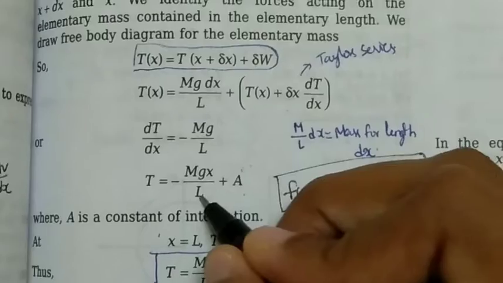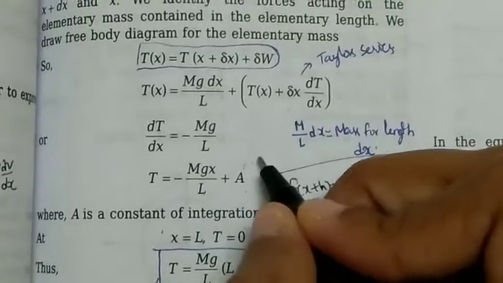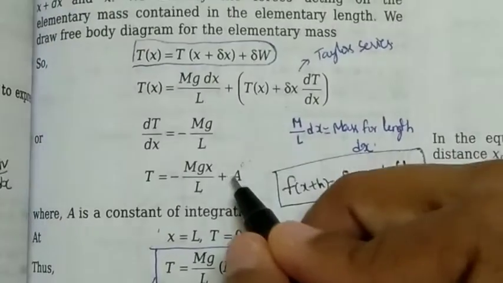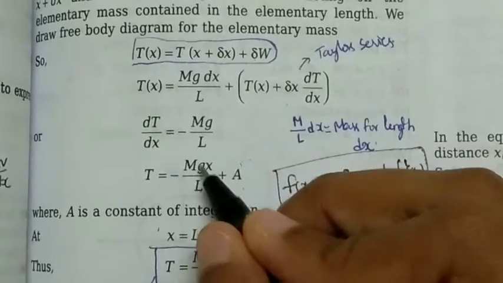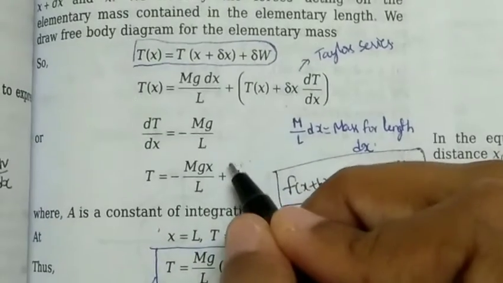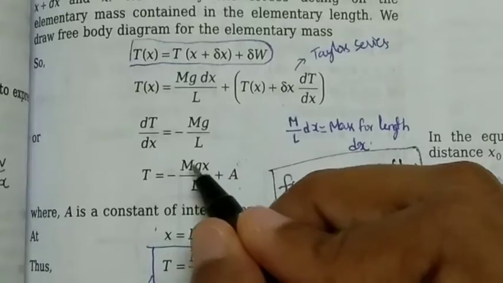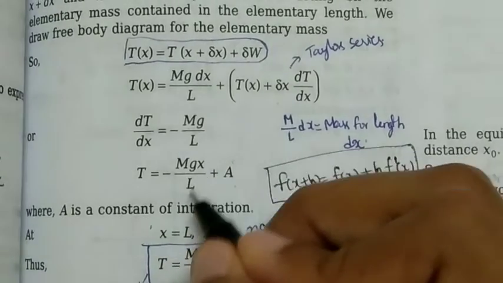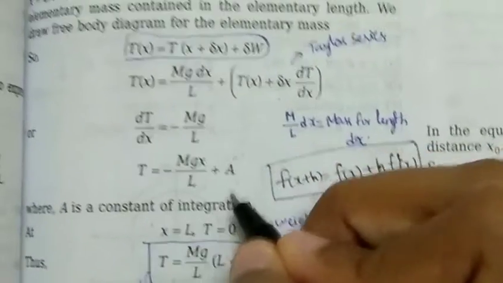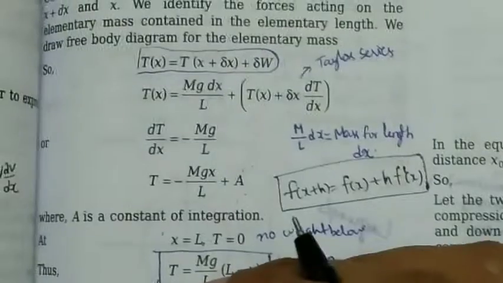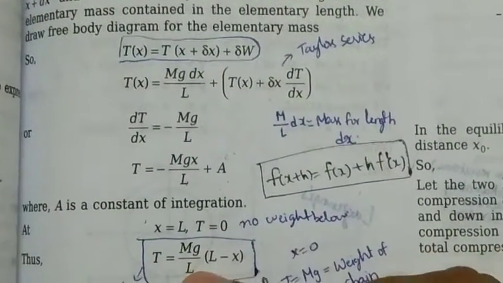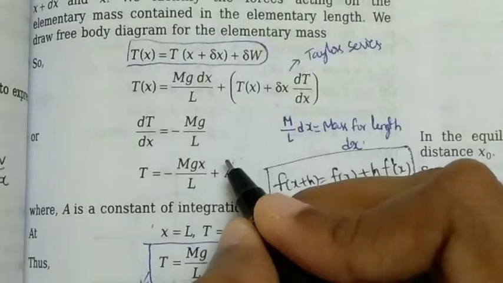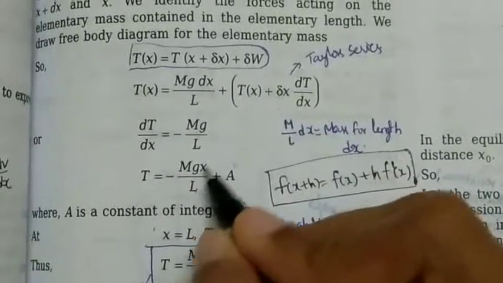Here mgx by L is there, and here only mg, so into L by L we need to do. After doing that, if you take mg by L common, here we have mgx by L and here mg into L by L. What remains is L here and minus x.